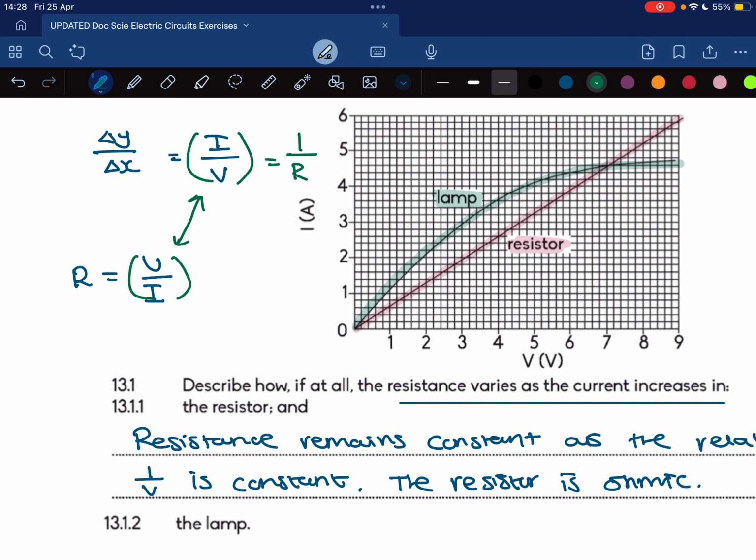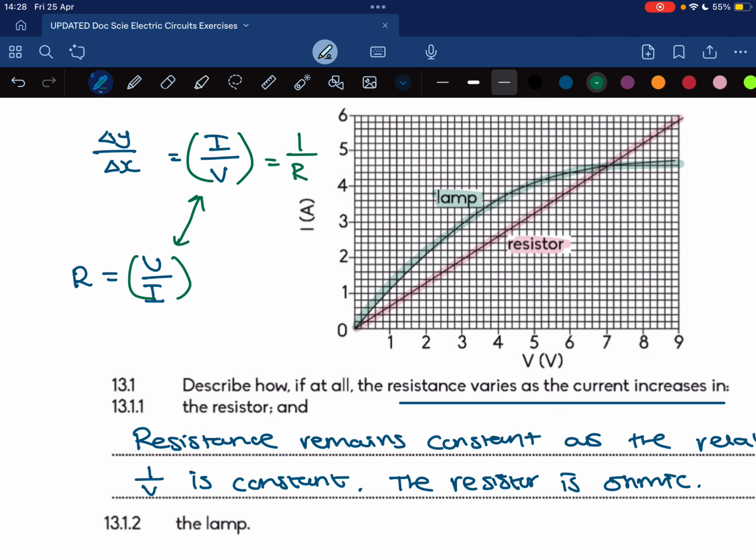So we'll choose points on the graph. Our first point we'll take is 0 and 0. I'll call that point A. And then the other point, this is for the resistance, so we're going to take the resistor.